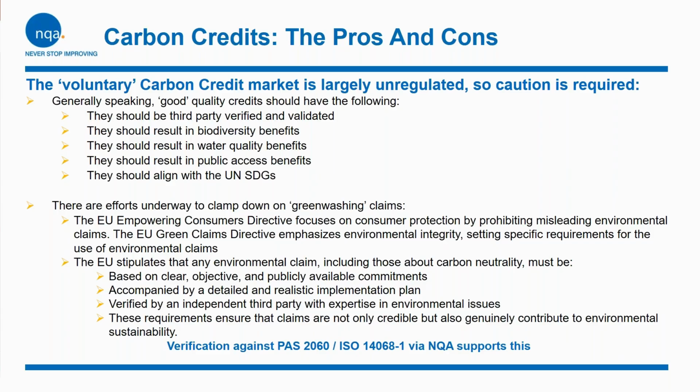They should result in public access benefits, and they should align with UN SDGs as well. Whenever we work with an organisation going down the route of PAS 2060 or ISO 14068, we do check their offsets and what they have actually purchased as well.